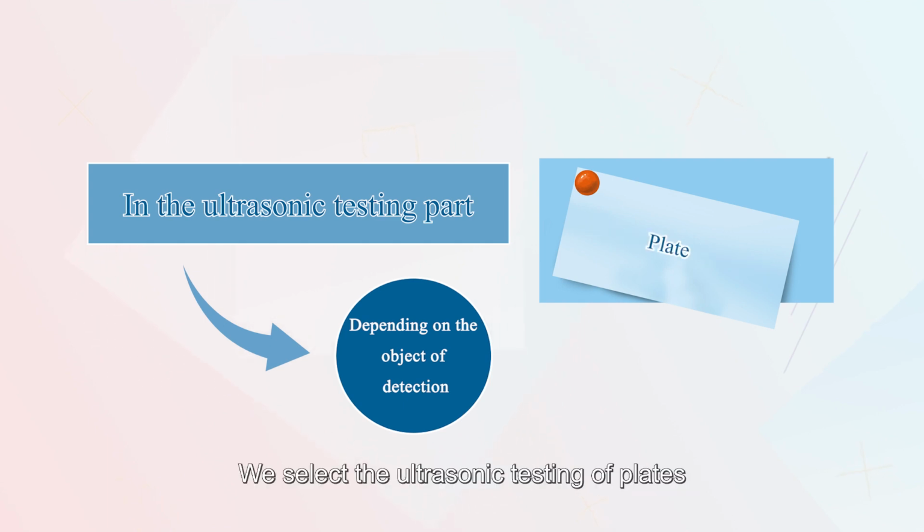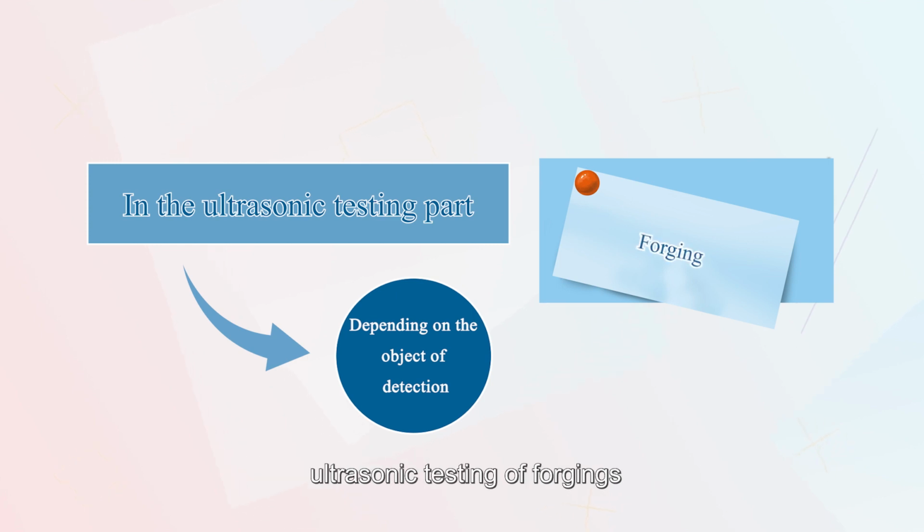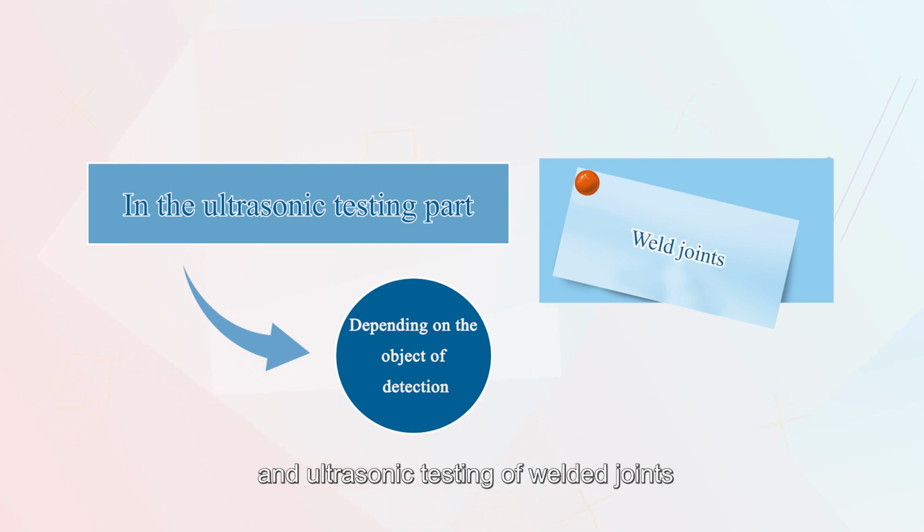We select the ultrasonic testing of plates, ultrasonic testing of forgings, and ultrasonic testing of welded joints to introduce them one by one. First, let's look at the ultrasonic inspection of the plate.